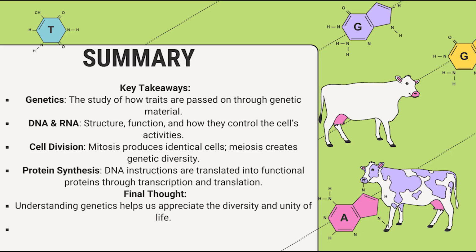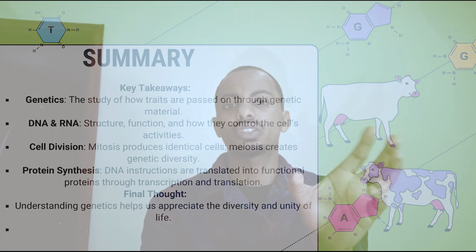Cell division through mitosis and meiosis ensures the genetic information is accurately transmitted and contributes to genetic diversity. Protein synthesis via transcription and translation turns genetic instructions into proteins. That's it for today's deep dive into Unit 4 Genetics. I hope this video helped you understand how our genetic material works and how it controls everything from our traits to the production of proteins.